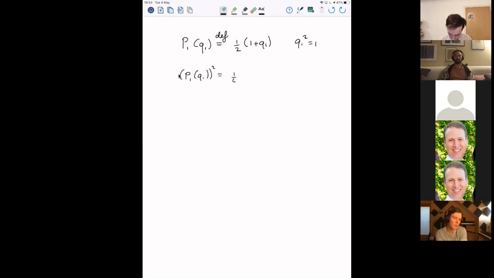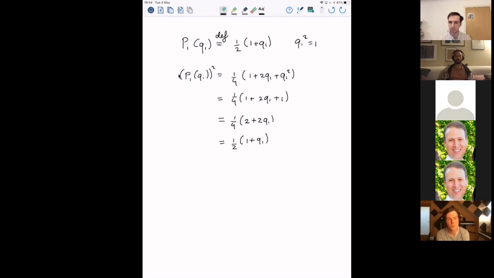Well, that is equal to this. Then we notice that Q1 squared is equal to 1, we replace certain things, and we obtain that this is equivalent to P1. So this is just P1 again.